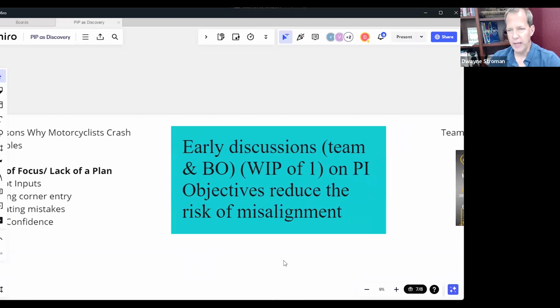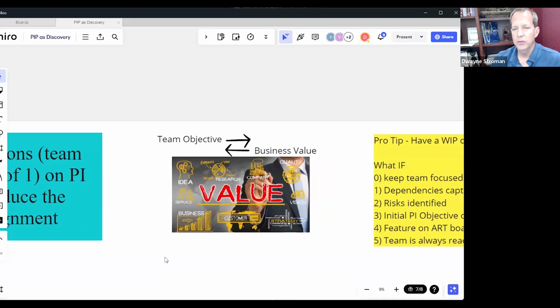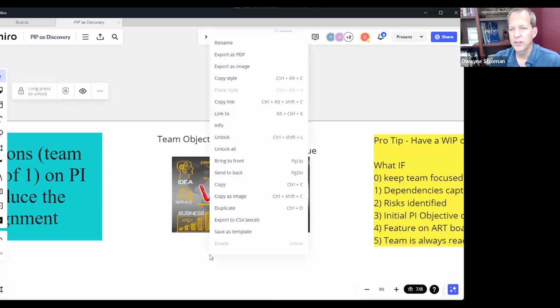So how do we avoid that? Have those early discussions, team and business owner, get them involved in the business value on PI objectives that reduces the risk of misalignment. Those business value, those objectives, having business value is critical.